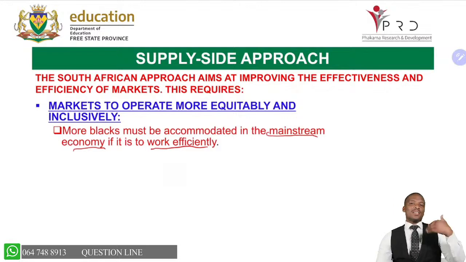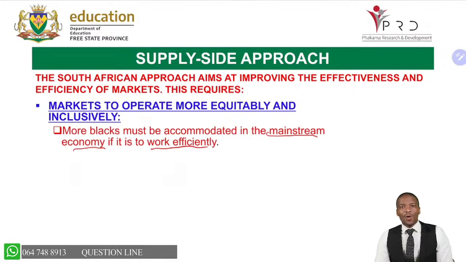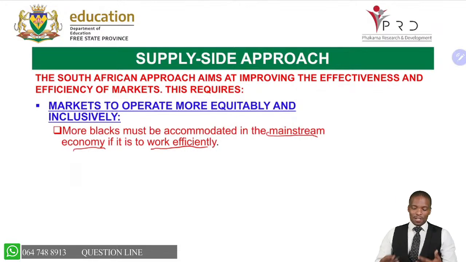So here we are addressing the imbalances that were there in the past. So we are saying everyone that lives in South Africa, especially those that were marginalized before, they need to be allowed to participate in the economy or in the mainstream of the economy. In that way, economic growth will take place, employment will take place, and we'll achieve any other objective that we want to achieve.